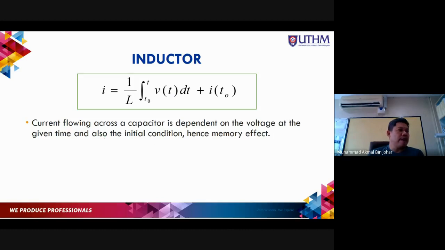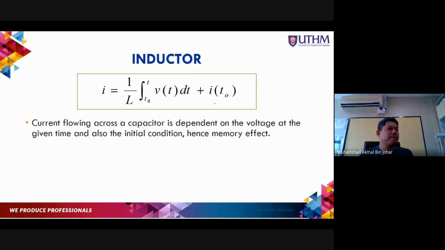The current flowing across an inductor is dependent on the voltage at the given time and also the initial condition, hence the memory effect. So we can calculate I equals 1 over L times the integral from T0 to t of V dt, plus I at T0.